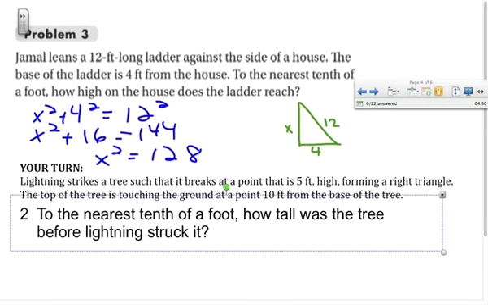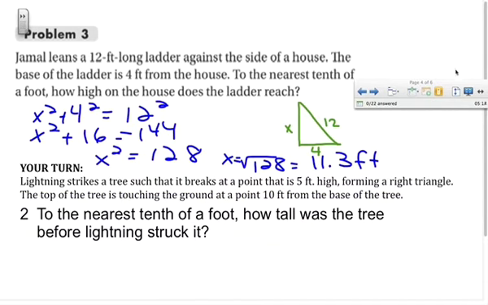This time, we don't have to worry about simplifying the radical. Just evaluate in your calculator what the square root of 128 is. So that's 11.3. And there's our answer. And within your groups, please work through that your turn problem.